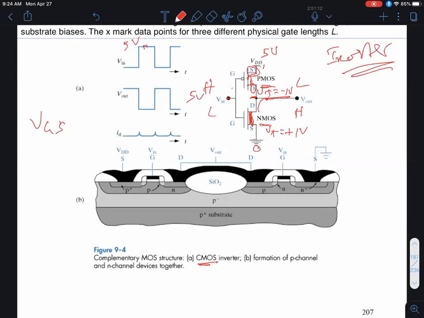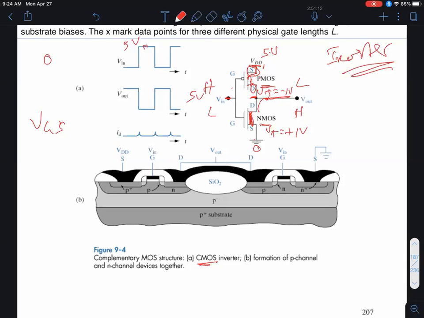This terminal is always connected to a fixed DC voltage, in this case 5 volts, and that's considered to be the source of the PMOS. So the source voltage is the one that never changes during circuit operation. When the input is 5 volts, the gate to source voltage of the PMOS is 5 volts minus 5 volts, or 0.